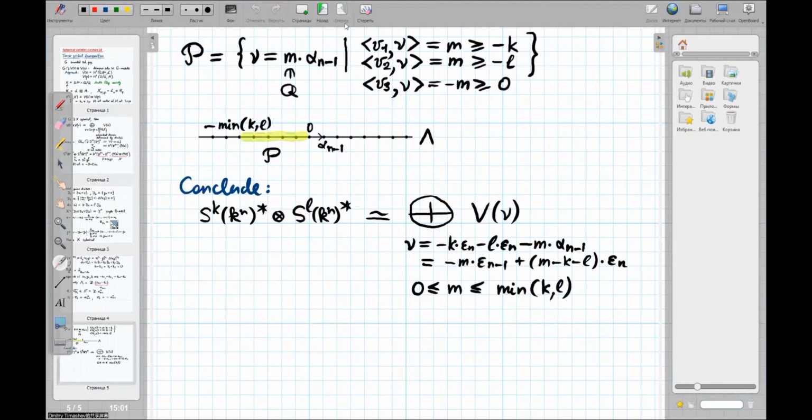So this is this example. Also, let me give you an exercise with a bit more complicated examples.